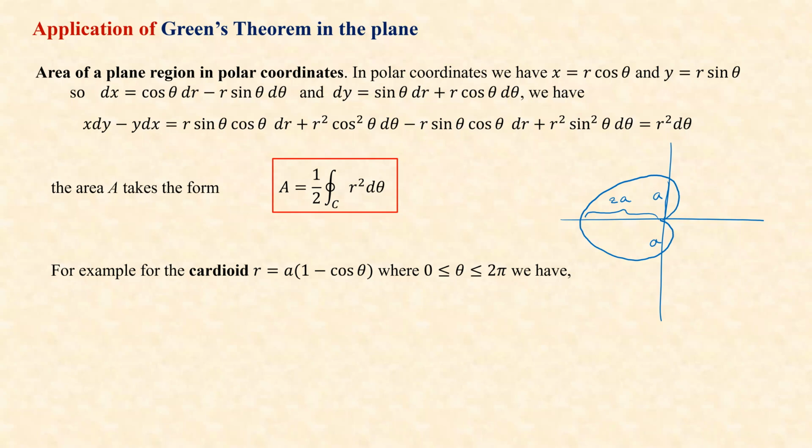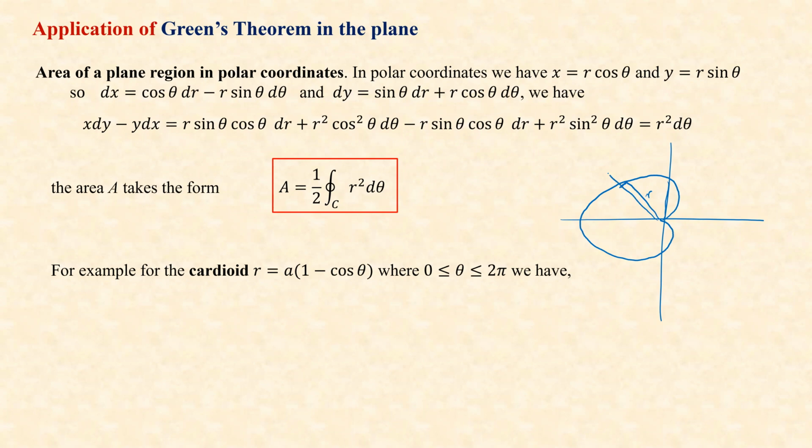So we want to find the area of this cardioid. And the area becomes 1/2 integral r squared d theta. At any point, this is r, and this d theta is the difference cut like this.